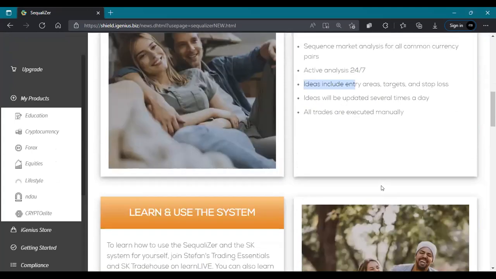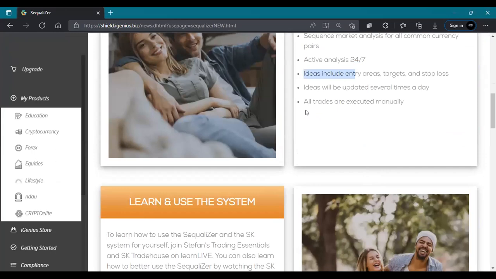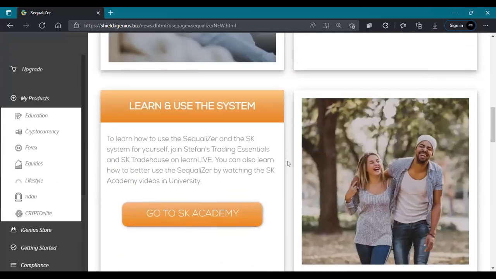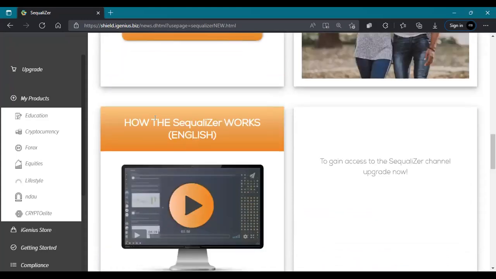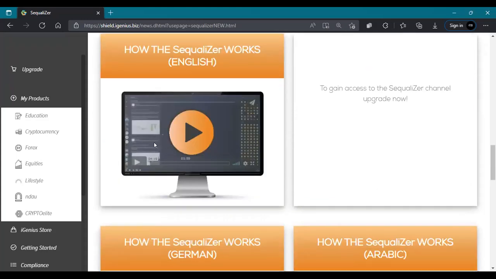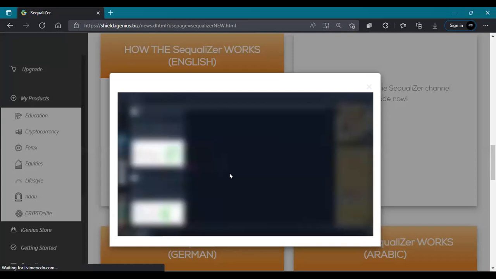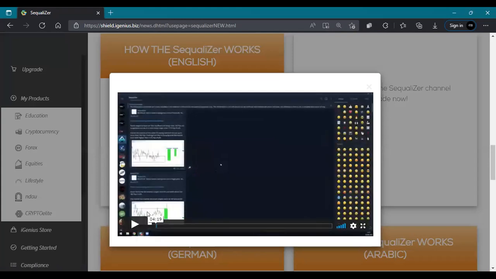Ideas will be updated several times a day. All trades are executed manually. So if you have access to the SK Academy, you have Sequelizer and all these things. There's also a video on how the Sequelizer works. Let me see if I can play this.